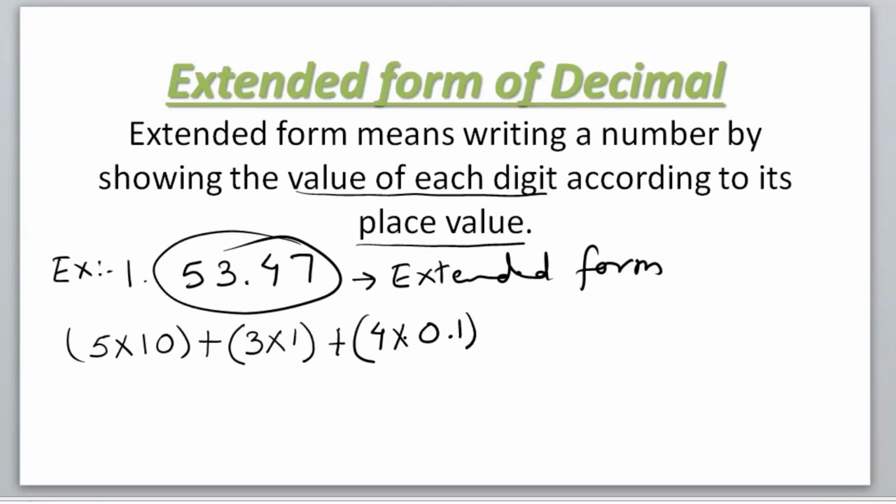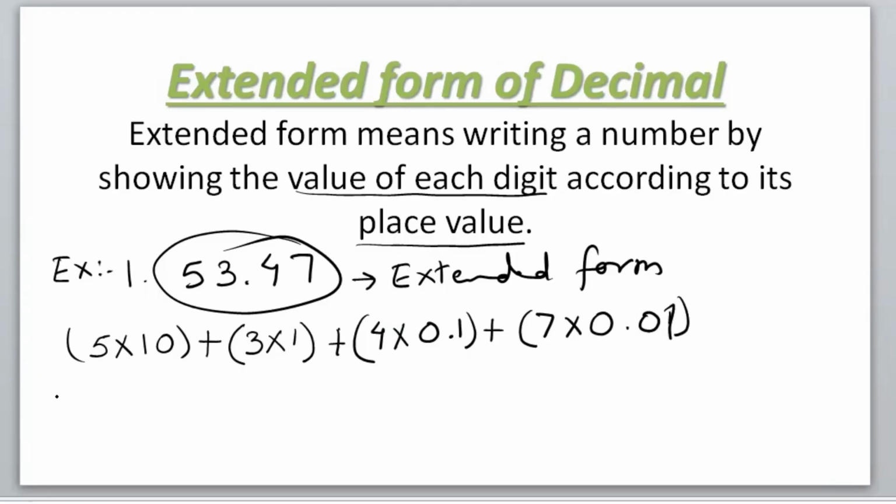0.1. If you have missed my earlier video about the place value of decimals, please go and check that one. Then you will understand why I multiplied 4 with 0.1. Okay. Then 7 is in the hundredths place. So 7 will be multiplied with 0.01.